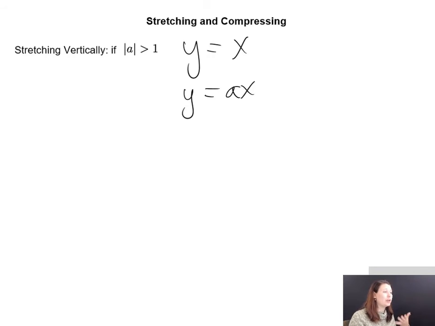So if A is greater than 1, say 2, we know that shifts the identity function to be steeper. It gets bigger quicker. We just stretched it. It gets to the same places, but it gets there quicker. We stretched it out.